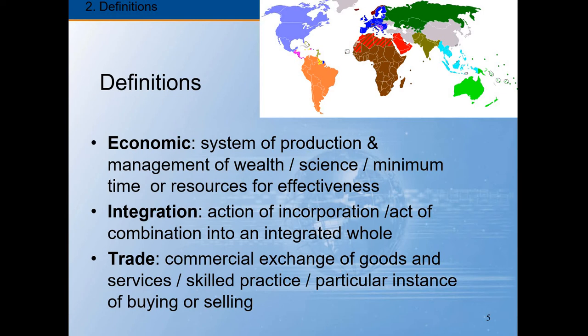Trade is a commercial exchange of goods and services or skilled practices, and the buying and selling of goods and services across borders. So when they integrate, effectively countries work together as if they do not have borders with regards to certain goods and services.